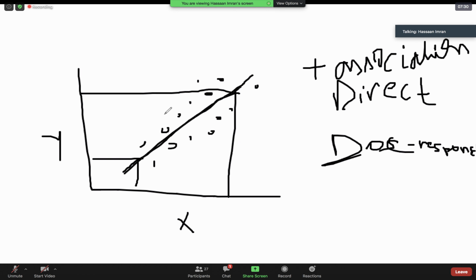The closer these dots are, the stronger the association or correlation, right? But if they are scattered and far apart from each other, they might say association is there, but it is weak.